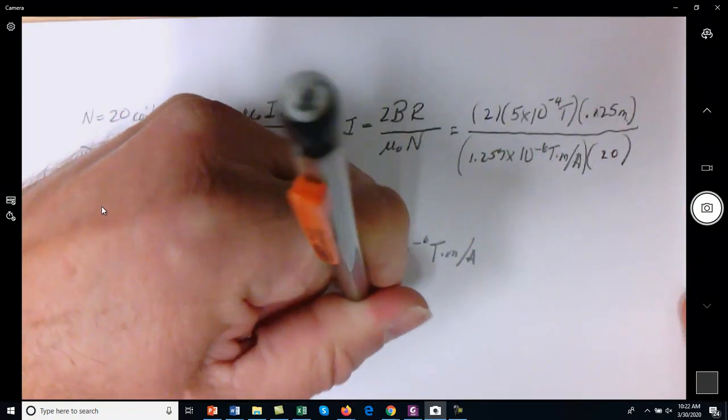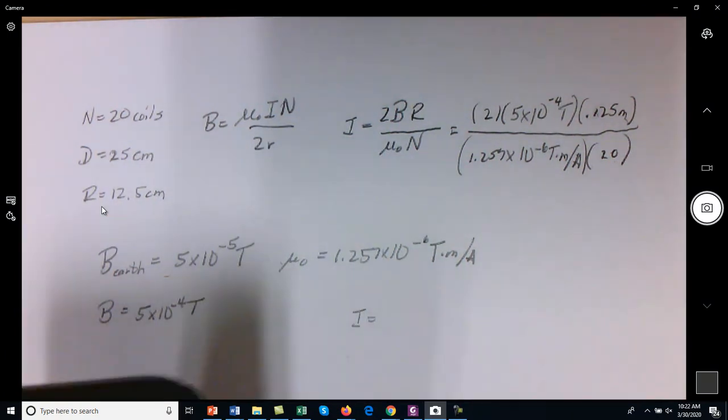Okay, so I'll carry this down here and use our calculator.